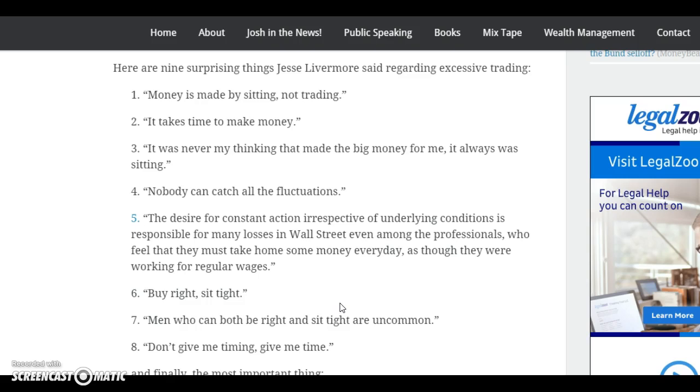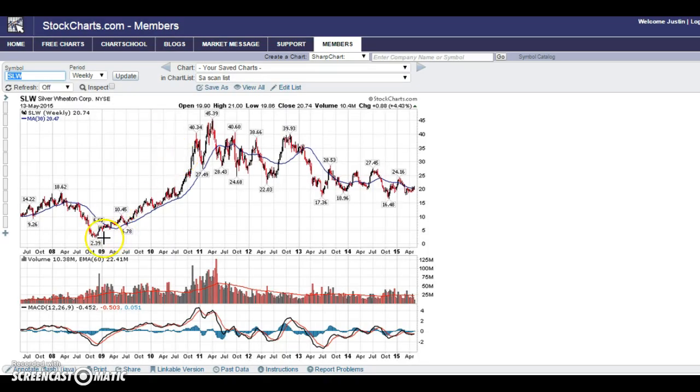Otherwise, you really just do nothing, and it's really hard for people to do that. It's really hard to hold stocks for a multi-year period and not be tortured by the greed and the fear that is generated by big swings in price.